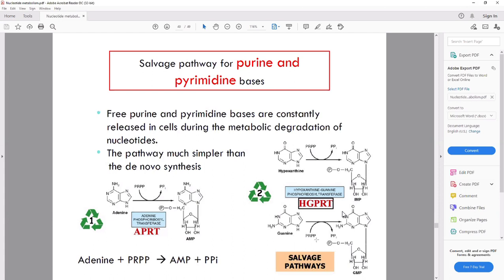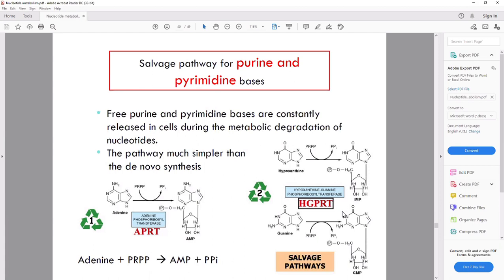Hypoxanthine can also be utilized. The end products of the degradation pathway that can be utilized by the salvage pathway are adenine, hypoxanthine, and guanine. Hypoxanthine can be converted to IMP.